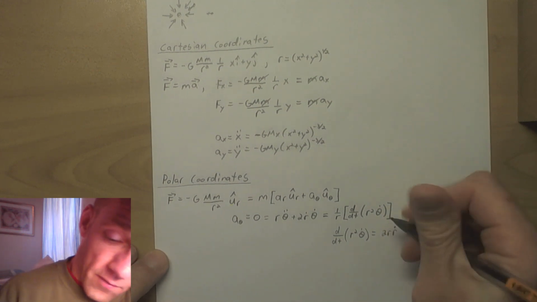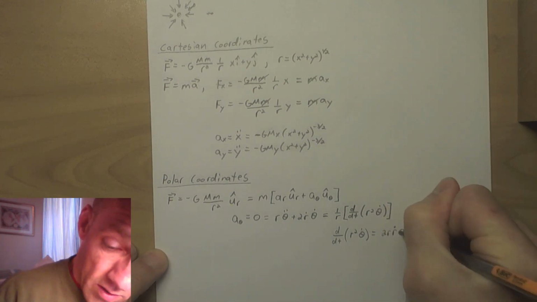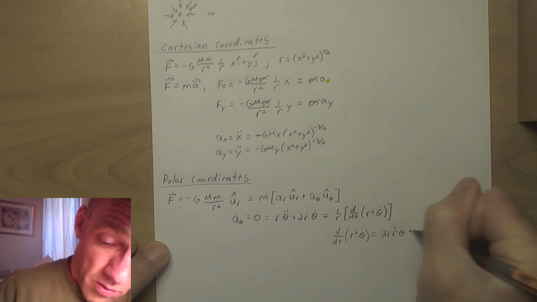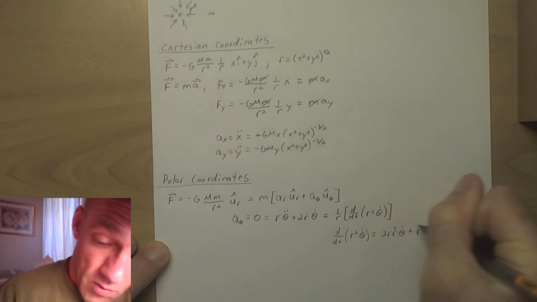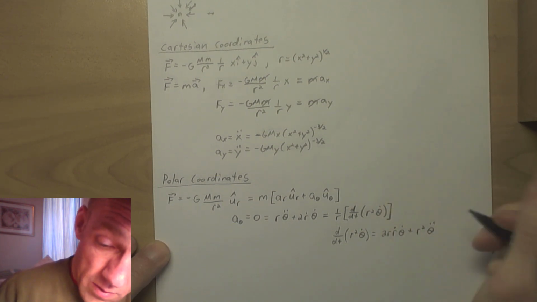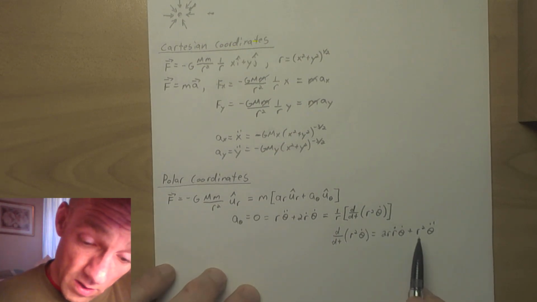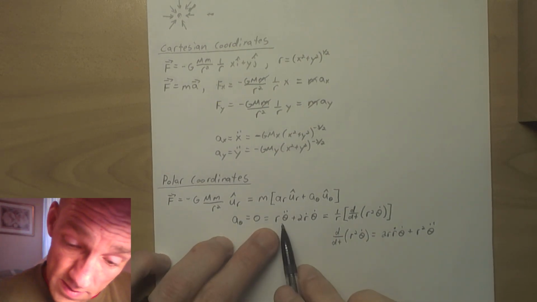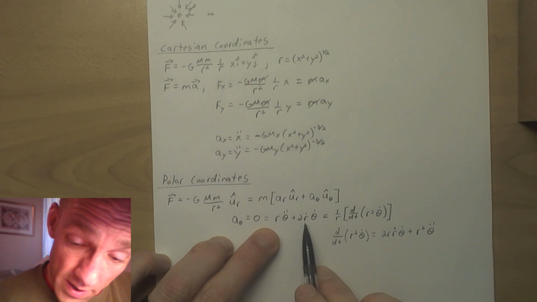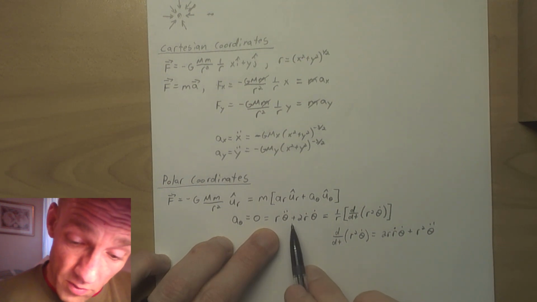So that's the derivative of the first times the second plus the first times the derivative of the second. Okay, and then you can see if I divide by r, I can recover this.